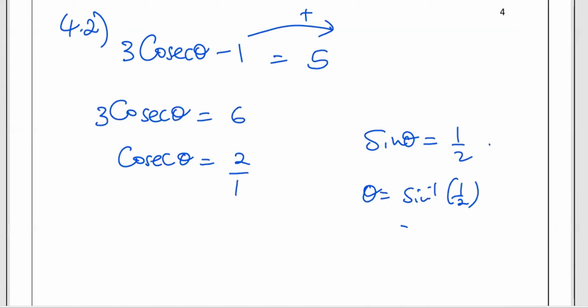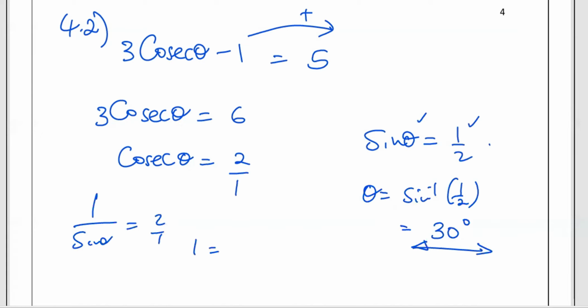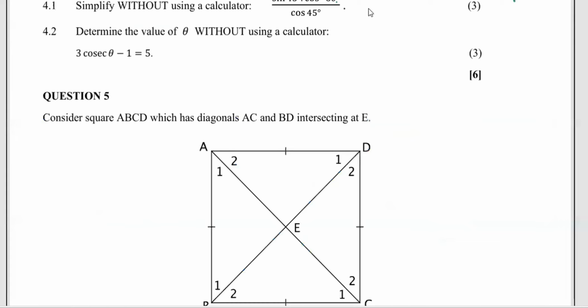And then my answer becomes a 30. We know that the sine of 30 gives us a half, even from our special angles. Alternatively, 1 over sine of theta is equal to 2 over 1. You cross multiply, 1 is equal to 2 sine theta, and then you divide by 2, you still end up with the same result. Okay, question number 5.